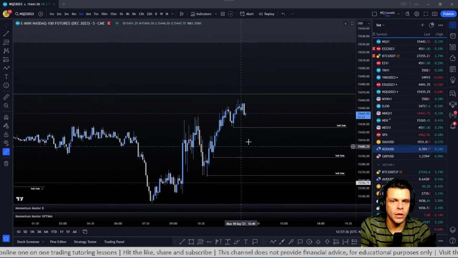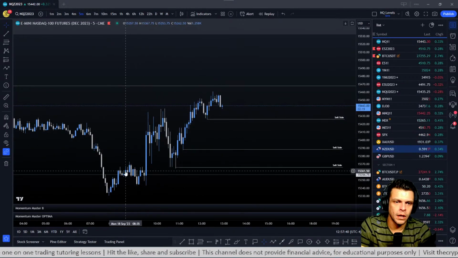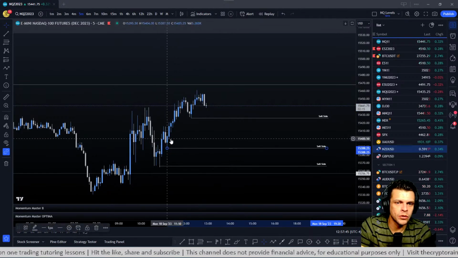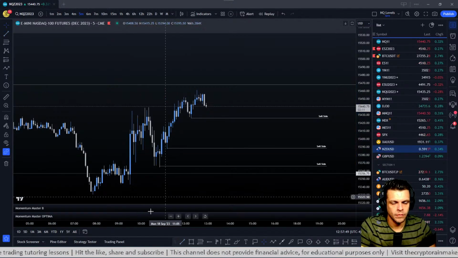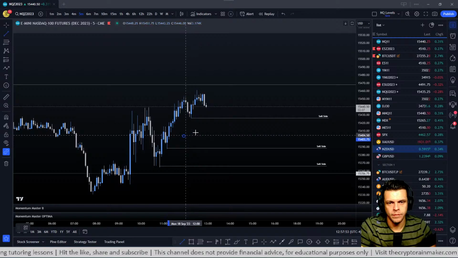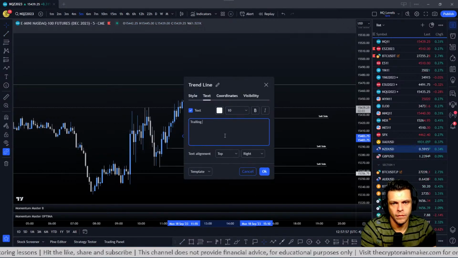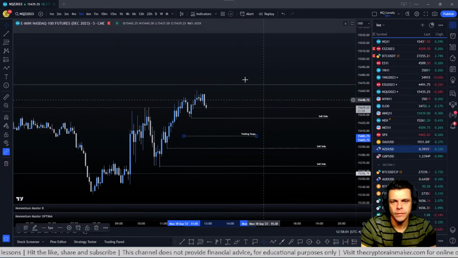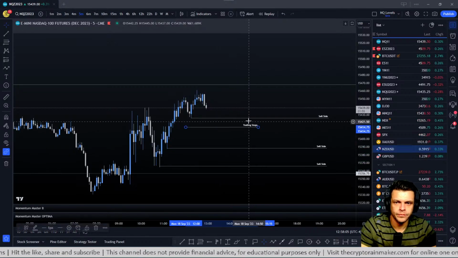But what could also happen is, so traders that are going long, that went long today, a lot of them will be trailing their stop. Okay, so they'll kind of be trailing their stop.